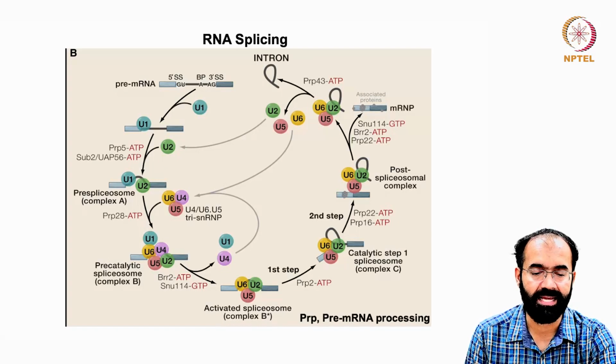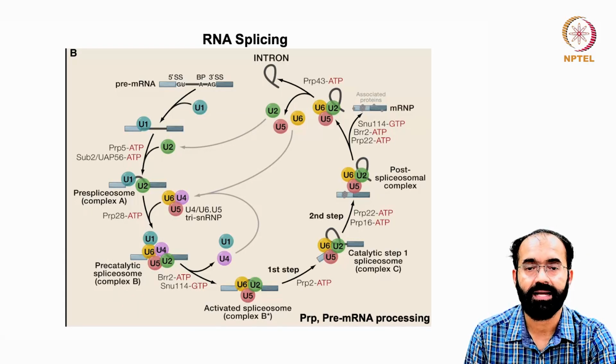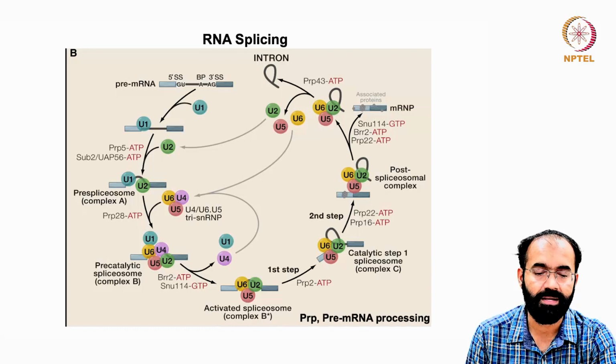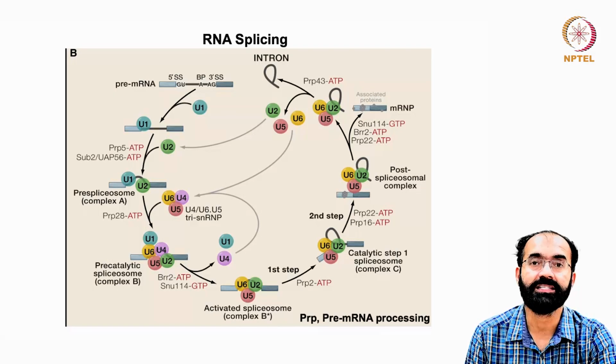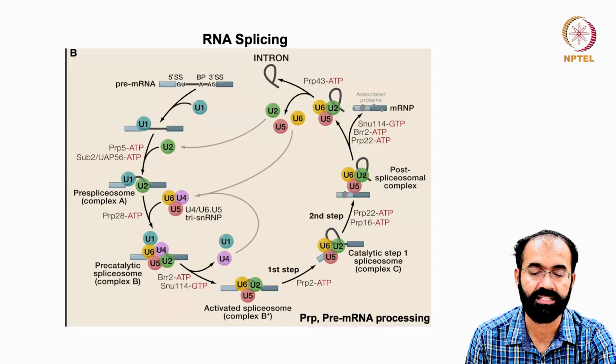We call it the pre-spliceosome complex A. And then you have PRP28, another ATP-utilizing enzyme, and in this complex the U6, U4 and U5 proteins join, and you end up with a bigger complex, complex B, the pre-catalytic spliceosomal complex, which contains U1, U2, U6, U4 and U5 together.